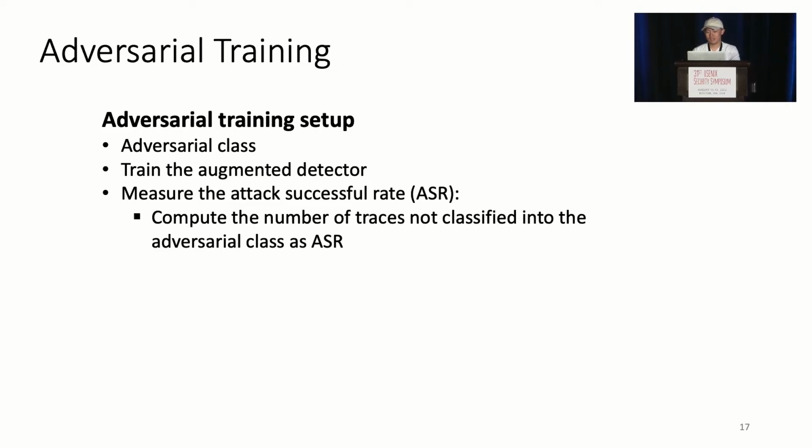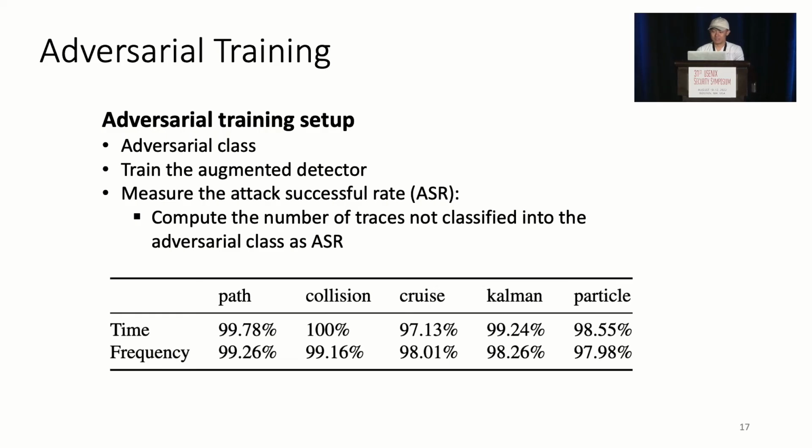And then the augmented detector is trained with the new data set. The attack success rate we measure here is slightly different from what we had before. We compute the number of traces not classified into the adversarial class as the ASR. It can be seen from the table that even under this extreme scenario, our proposed attack can still find evading samples.